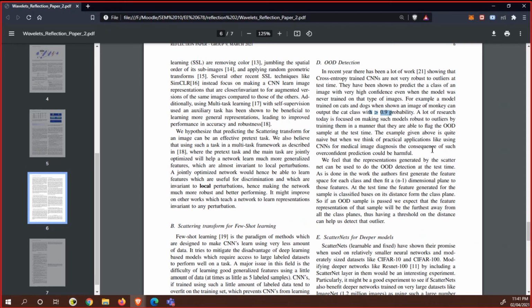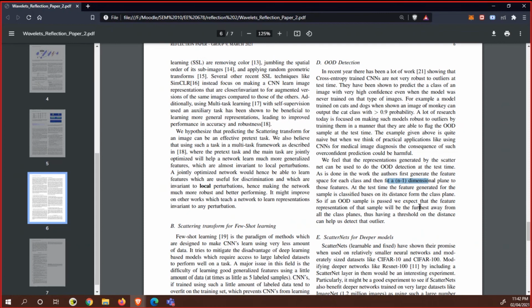So what I mean by this is, if we are representing the images with a vector of dimension 1024, then in that 1024 dimensional space, all the images related to one class can lie in an n minus one dimensional plane, and this is possible only because of the property of scatternets of being robust to deformations or any other kind of transformations to the images.